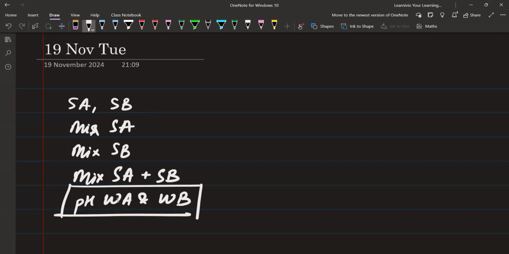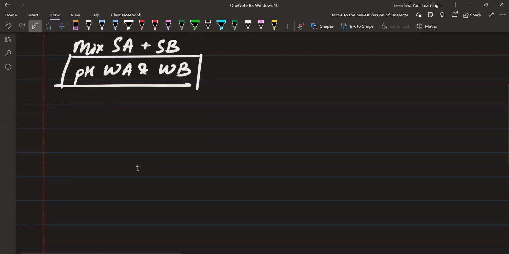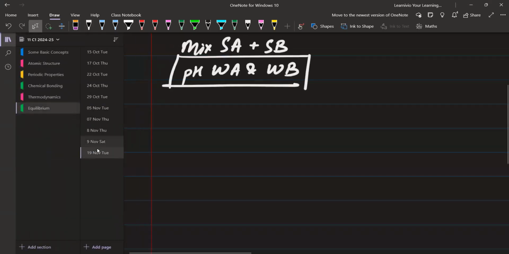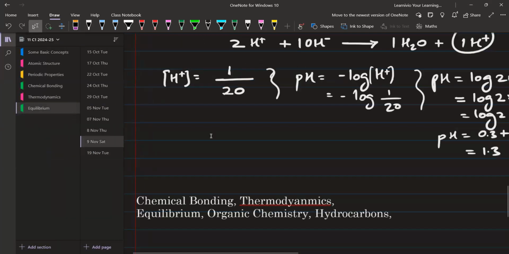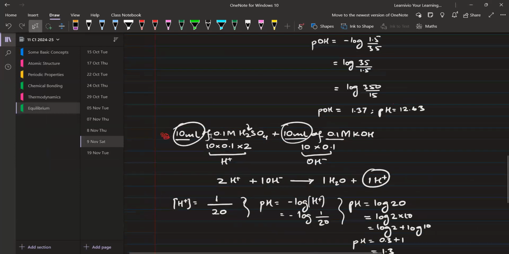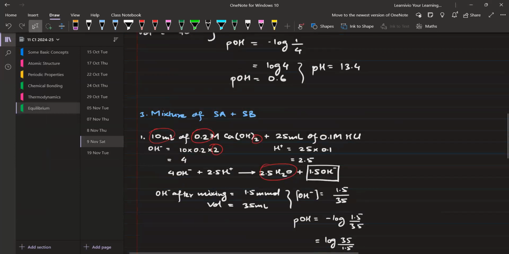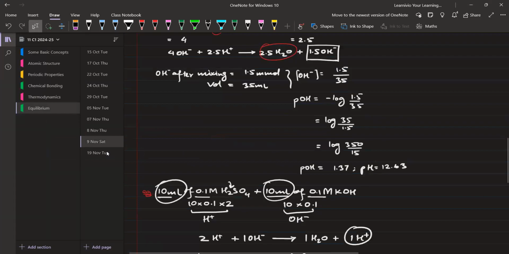Now please write this with me. Let's see exactly how much was done. Mixtures of strong acid and strong base के लिए ना.